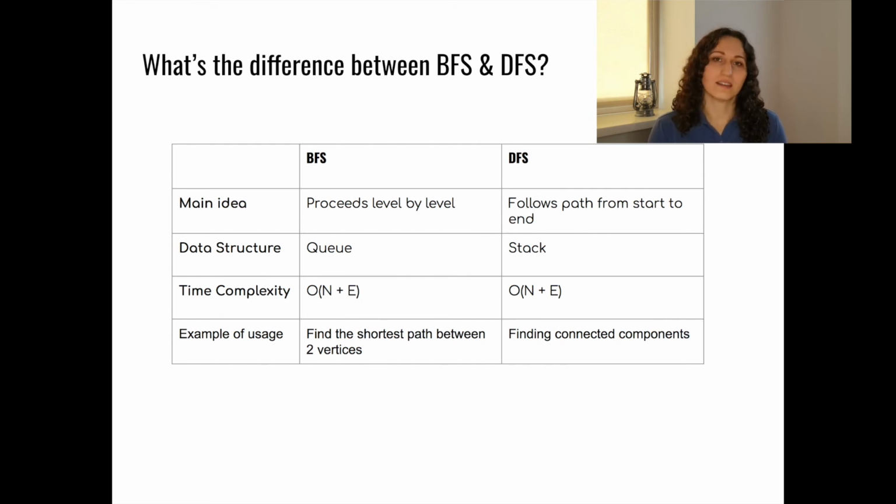And of course, these algorithms have different usages. For example, you can use breadth-first search to find the shortest path between two vertices, and you will find it pretty fast, because in BFS, when we consider nodes, the order depends on the distance between the current node and the starting node.